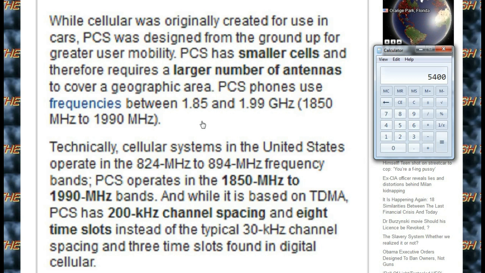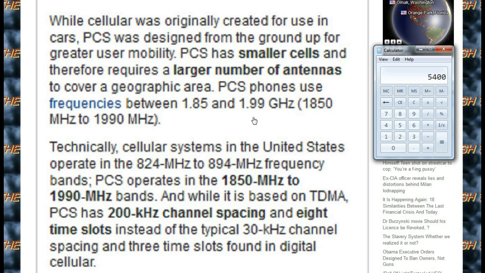Don't mess with them. But the most they transmit is 850 watts or 1850 watts. But this right here says 5400.